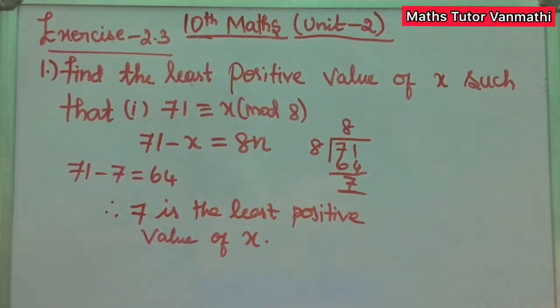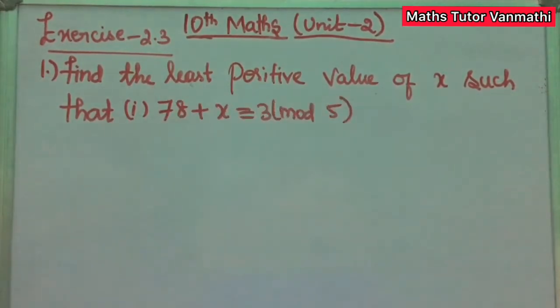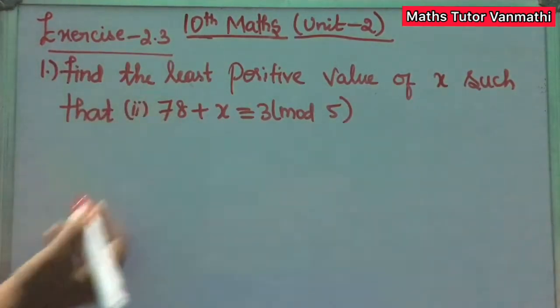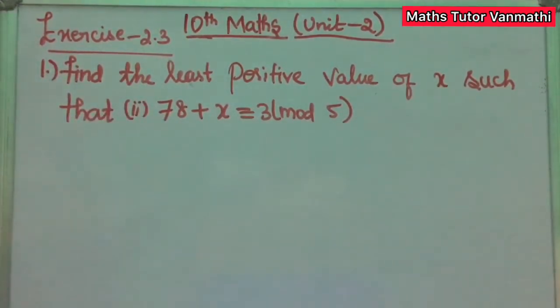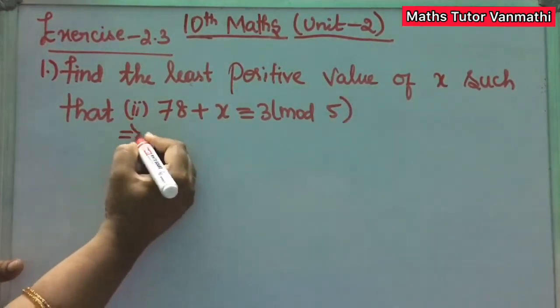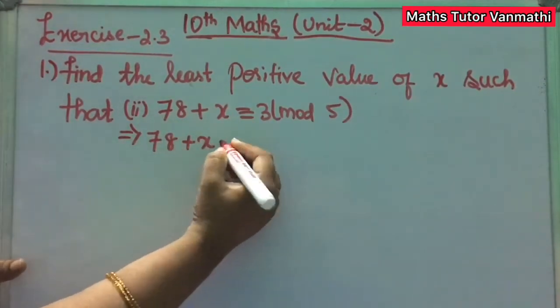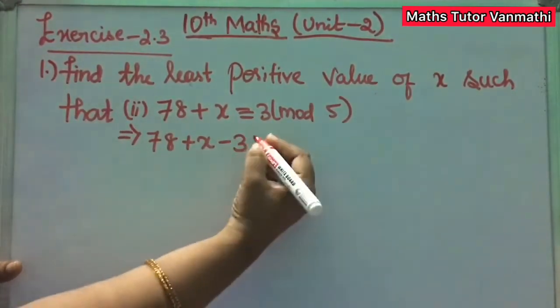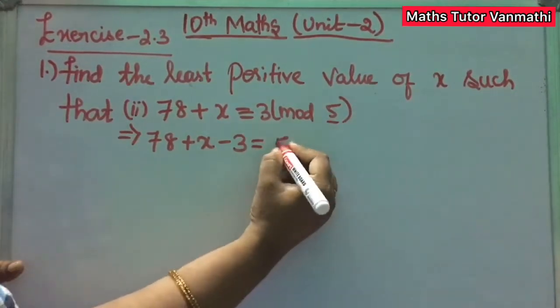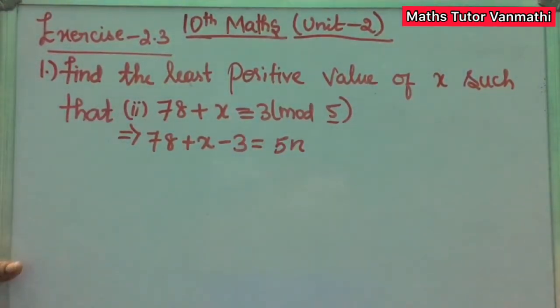Next we can see the second subdivision. Second subdivision: 78 plus x is congruent to 3 mod 5. This can be written as 78 plus x minus 3 is equal to 5n, where modulus 5 is written as 5n.